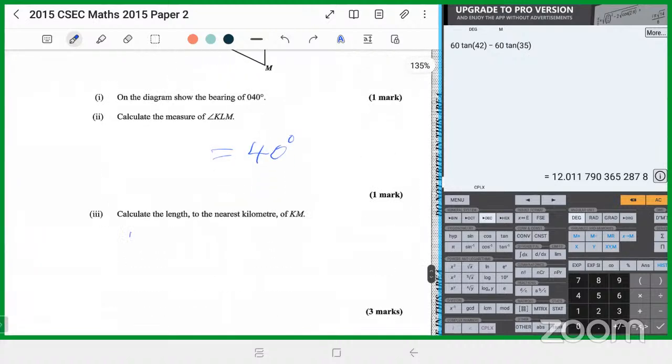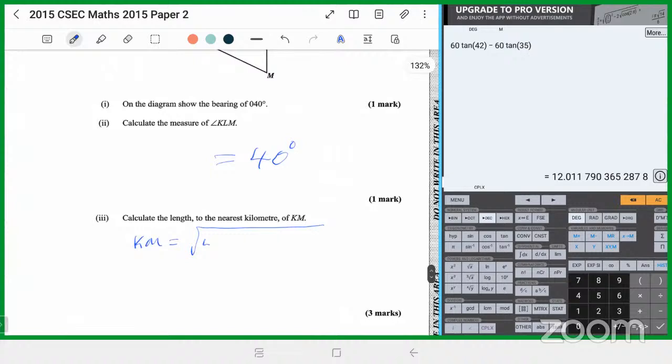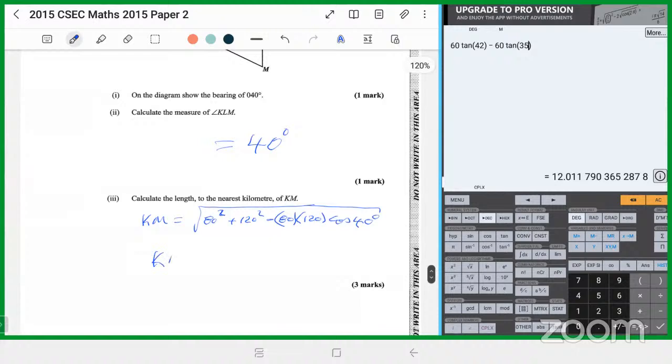So the KM is going to be the square root of 80 squared plus 120 squared minus 80 times 120 times the cosine of the 40 degrees between them. That's what you're working on for KM.